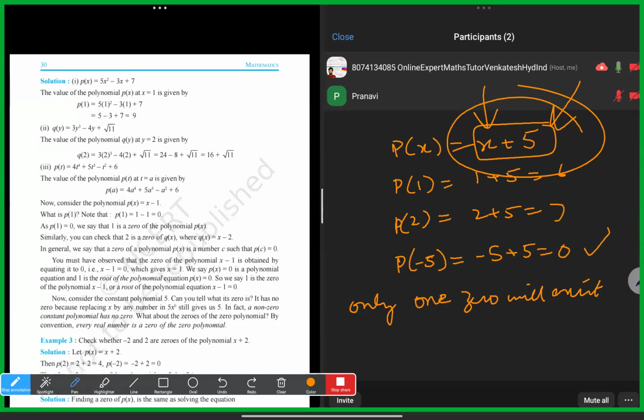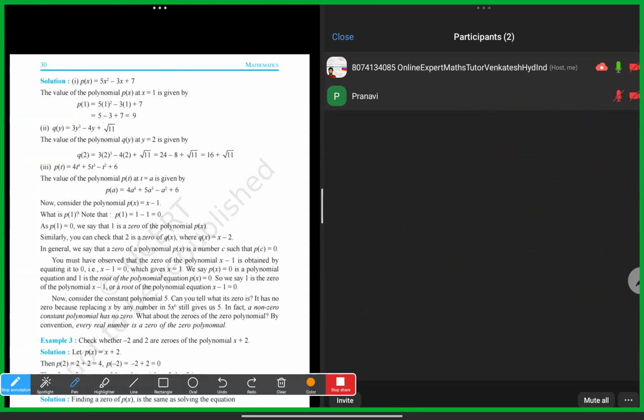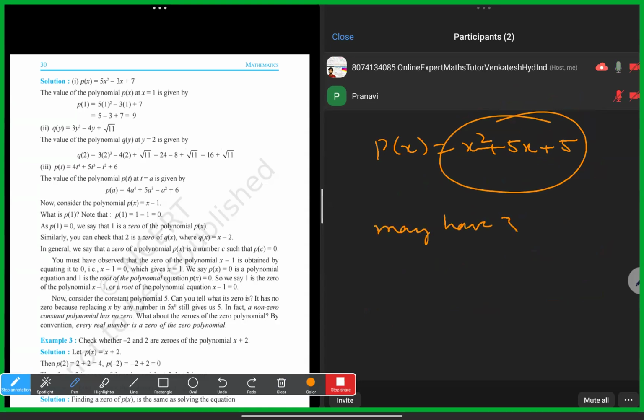Now let us take a quadratic polynomial. If it is a linear polynomial, one zero will definitely be there and that zero is unique. If it is a quadratic polynomial, sometimes it may have a zero, and it may not have a zero. Unlike linear, it is not compulsory that a quadratic polynomial should have a zero.